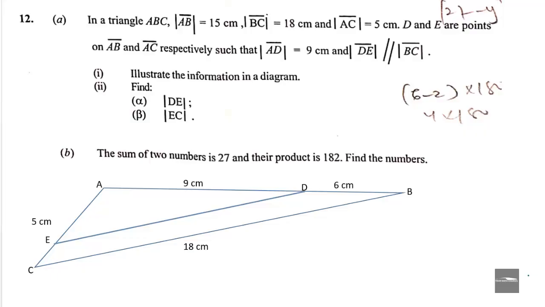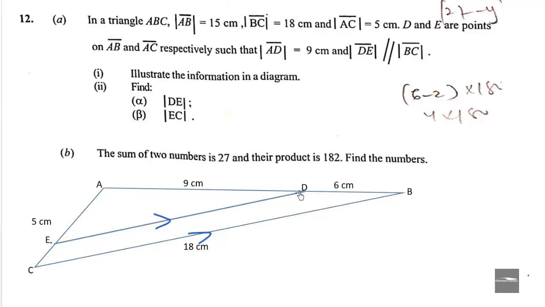So we can see that this is parallel to this. So the triangles are similar triangles. Triangle ADE is similar to triangle ABC. So if that is the case, we can calculate the value of line segment DE, from here to here.